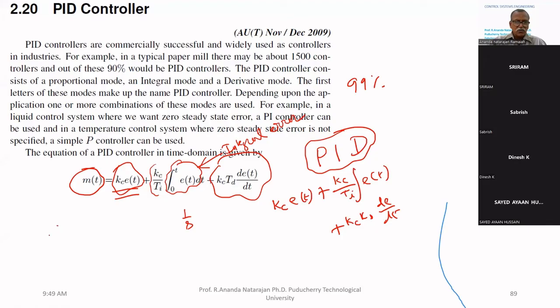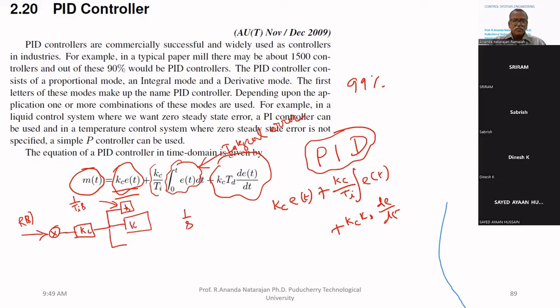Then how do we introduce this PID controller in a loop? This is R of S. The error signal is coming here. Immediately we put a Kc here. Here we put 1 by S, integral compensation, which is 1 by TiS.